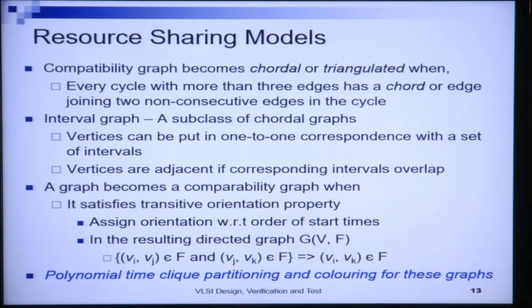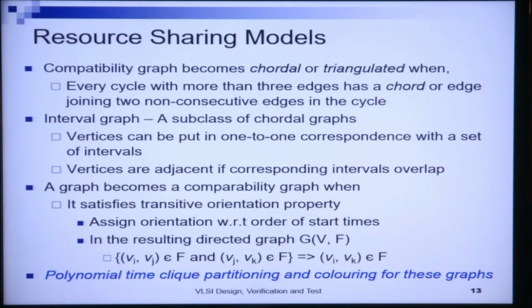Now, as we said, for general compatibility and conflict graphs, both the minimum clique partitioning problem and the graph coloring problem are NP-complete, and hence must be solved by enumerative methodologies. However, there are special classes of graphs for which both the minimum clique partitioning problem and the graph coloring problem can be solved optimally in polynomial time.